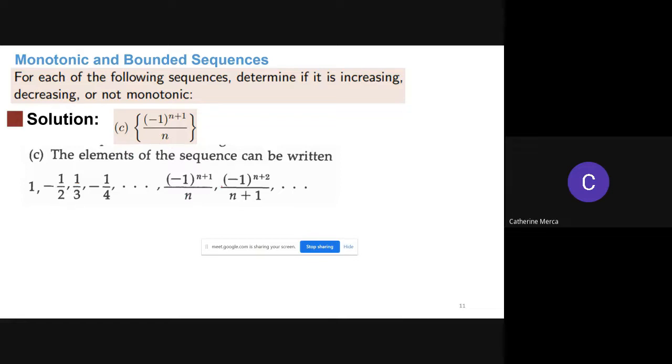Okay, so that's clear. Now, remember that you are asked to determine if it is increasing, decreasing, or not monotonic. So in this case, what do you think? Is it increasing? Is it decreasing? Or not monotonic? Yes, sir. Look, based on the nth and the n plus 1 term.